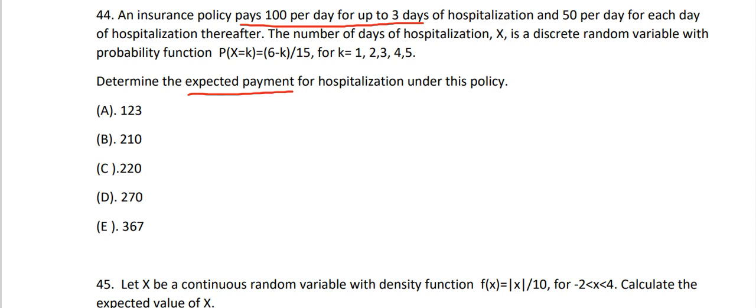So first day, second day, third day, we pay 100, 100, 100, right? Then after that just pay 50.